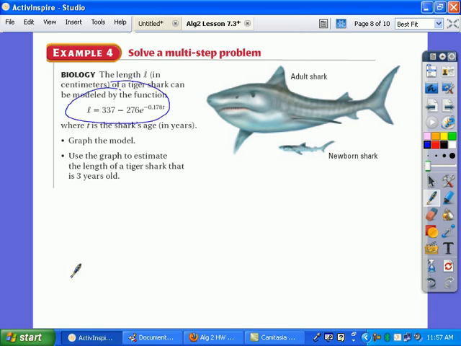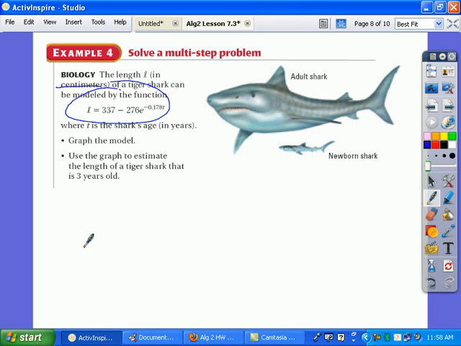Now, one thing that we could do is we could just plug 3 in, and that would tell us how long the shark is. And by the way, this is going to be in centimeters, just so we know. But since they ask us to graph it, we'll go ahead and take a look at the graph. And the equation is L equals 337 minus 276e to the negative 0.178t power.